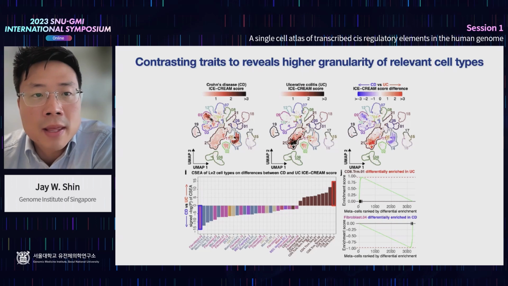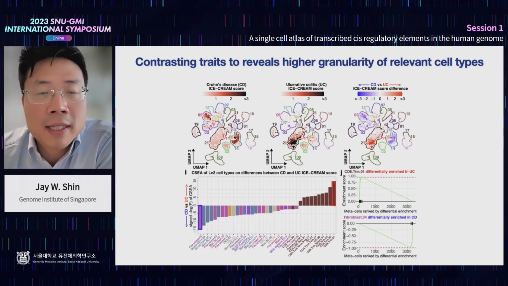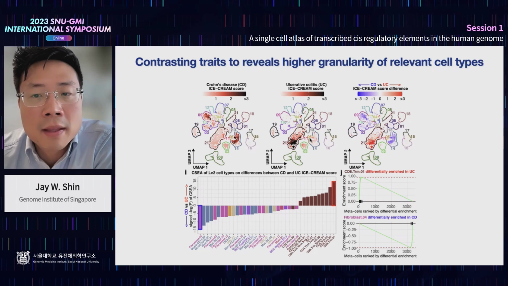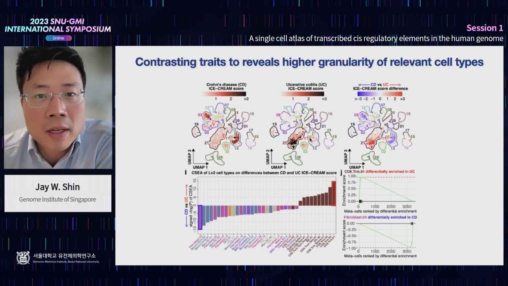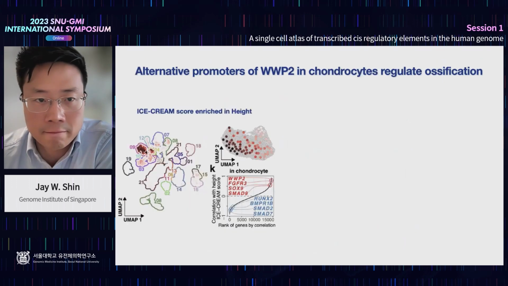Here we see that stromal cells and perhaps some monocytes are more important for Crohn's disease, whereas ulcerative colitis is more enriched for T cells, as you would expect. So these are really nice modalities that we can use to start contrasting diseases of similar origin and get into finer resolution of cell types that may be causal to these diseases.